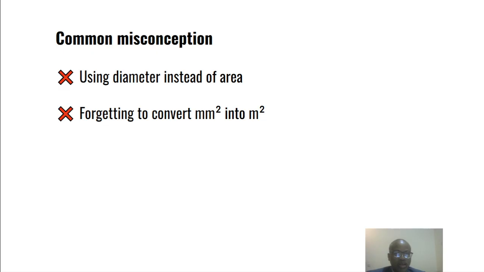So take note of that. Another misconception is that students forget to convert millimeter square to meter square. The units must be converted because we use SI units. Then students also give a unit for strain. That's wrong. Strain does not have a unit.